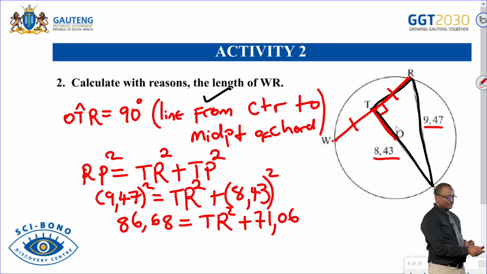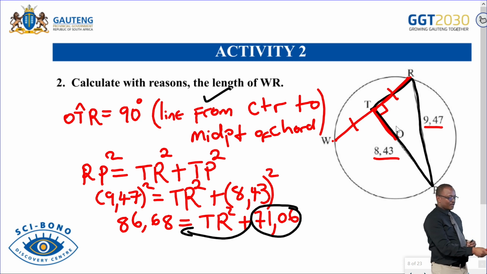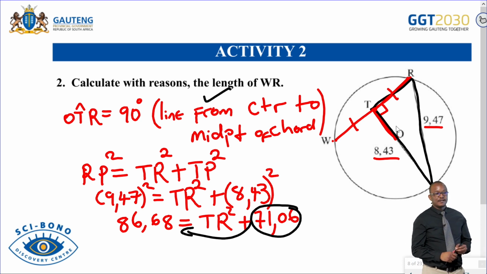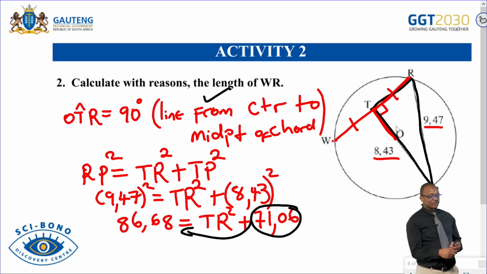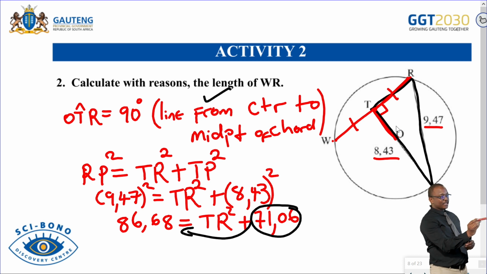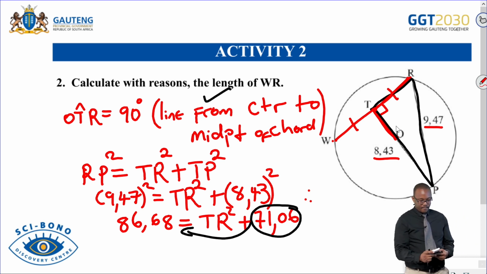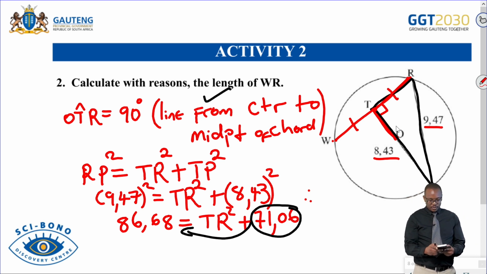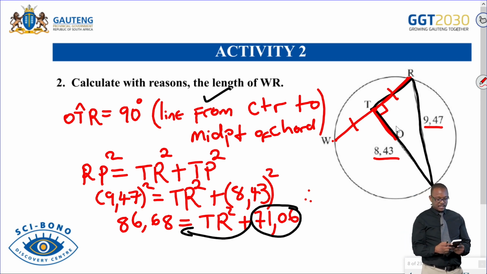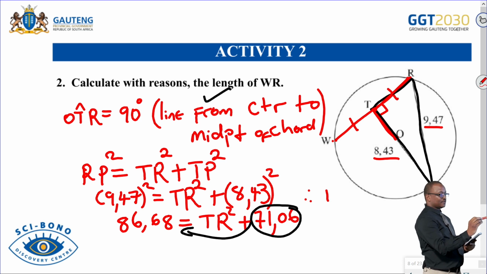So from this one, you know that you will have to transpose this 71,06 to the left-hand side. And the minute you transpose it, we are going to get 86,68 minus 71,06. Then we're going to have 15,26, which is equal to TR squared.